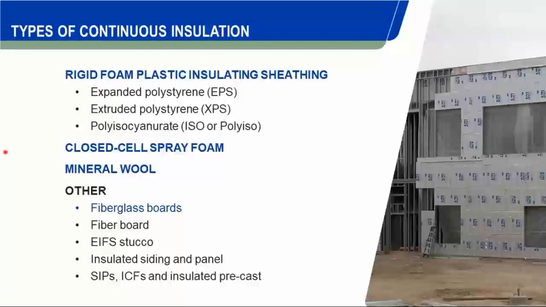It holds different characteristics from boards and the other options here. But mineral wool is a very popular option as well. Other options you may have are fiberglass boards, fiber boards, EIFS, insulated panels, and SIPs panels. Those are all pretty popular in the industry as well.